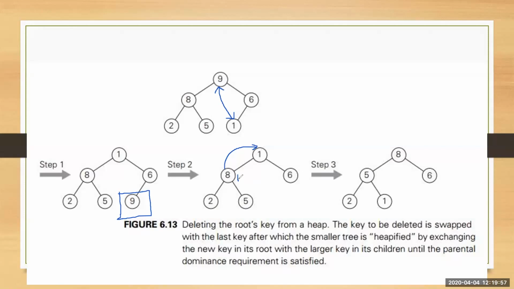Compare 5 with 1. Once again the parental dominance doesn't hold, so you move this 5 to its parent position. Now 5 doesn't contain any children, so it can be overwritten and made 1. So what is happening here? 8 has gone to the root position, and for the position of 8, 5 has come.